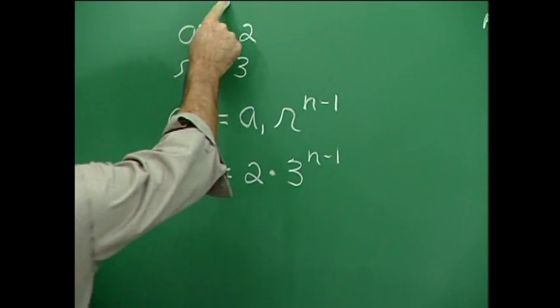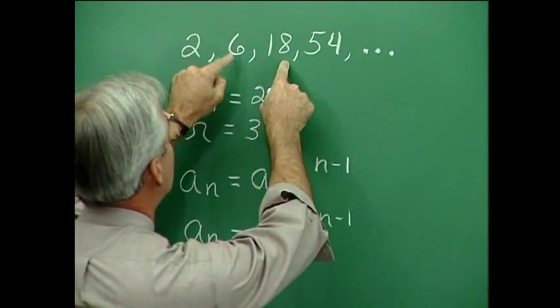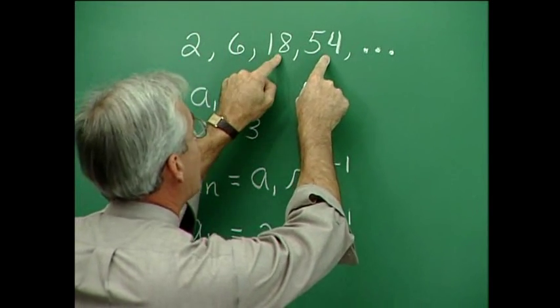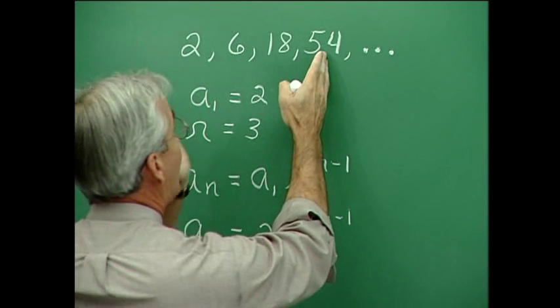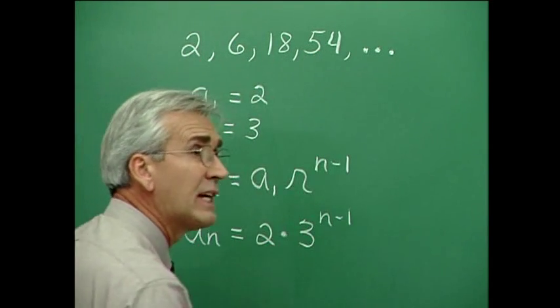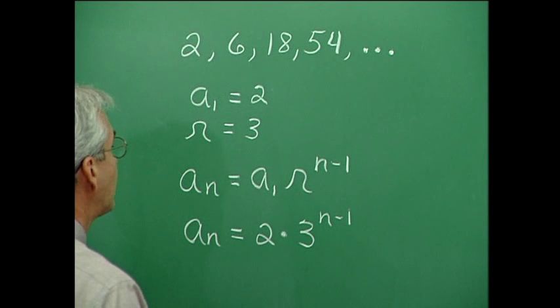We could take 6 divided by 2 is 3, 18 divided by 6, 54 divided by 18. You see, it is a particular term divided by the one that precedes it that gives us this common ratio if we're ever confused about that.